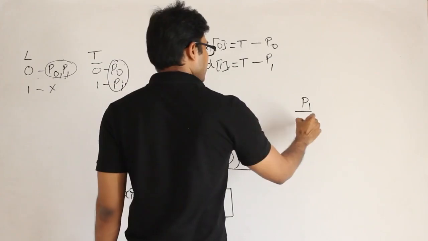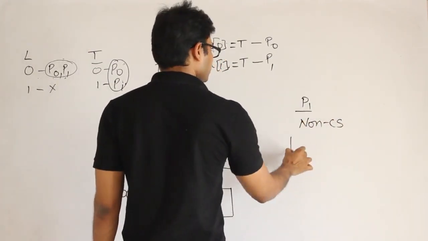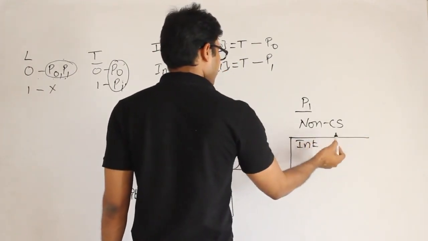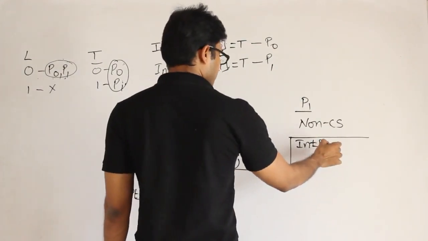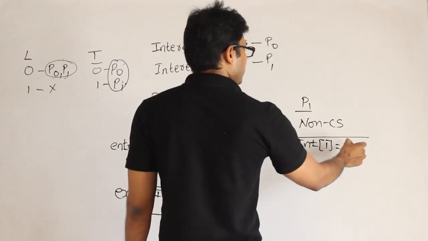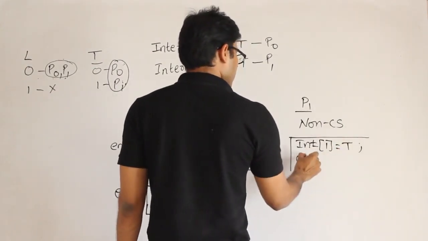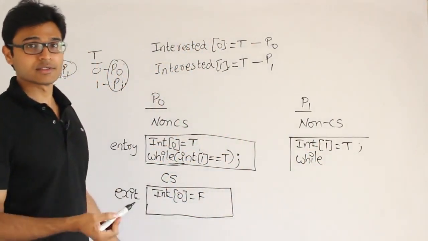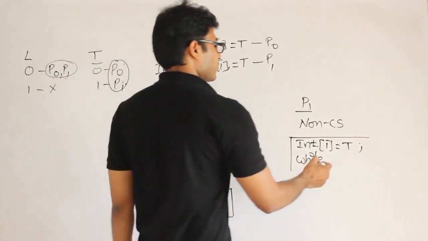In P1, what we can say is, if you are in the non-critical section, be there as long as you wish, and then if you want to enter the critical section, you show your interest, which means interested of 1 equal to true, and you check the other one. If the other one is interested, the chances are that it might already be in the critical section, or it has already shown its interest well ahead of you, therefore give it the chance.